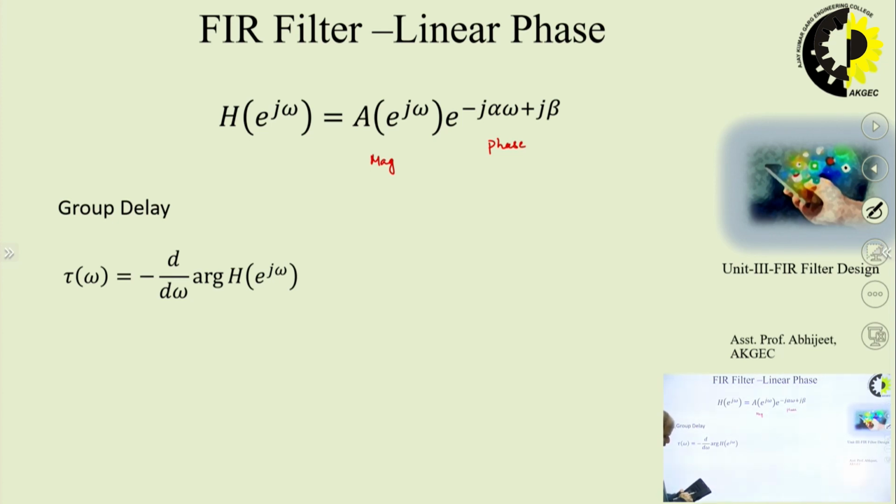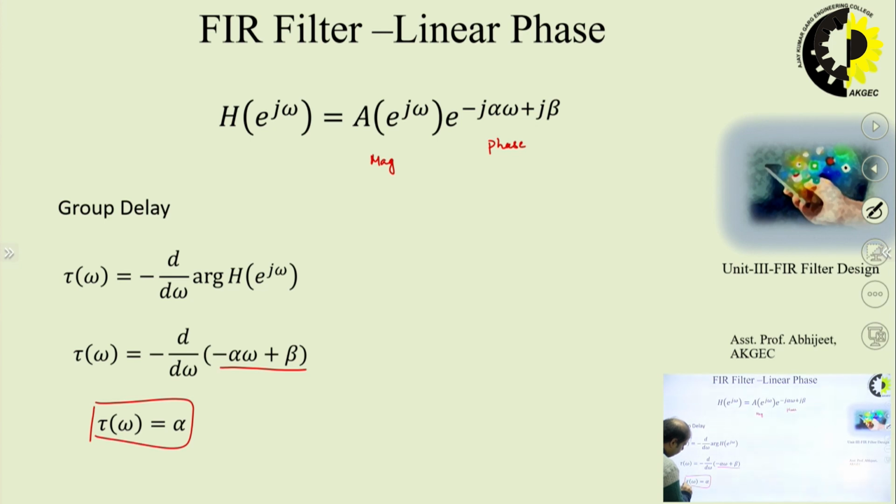So, in this case, if I put the phase of the system here, then you can see that this derivative is basically a constant, alpha, which means that the group delay is constant.